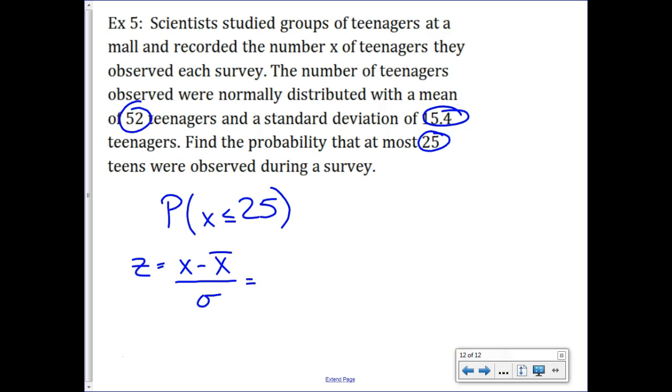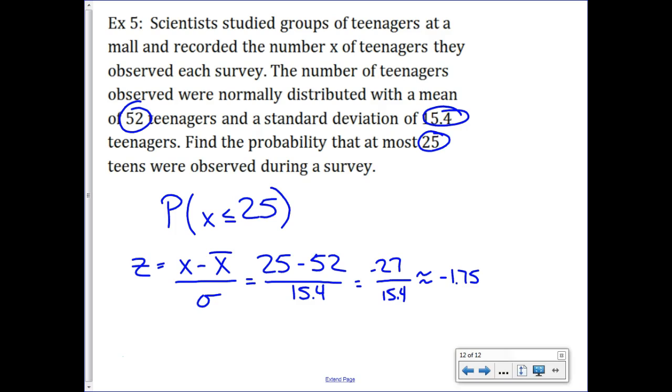So our x value here is 25. Subtract off the mean of 52 and divide by the standard deviation of 15.4. So we get negative 27 over 15.4, which is about negative 1.75.